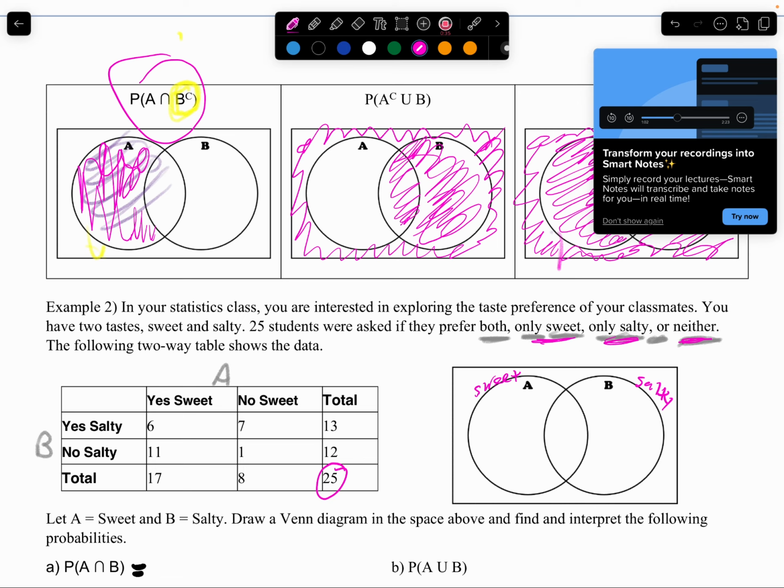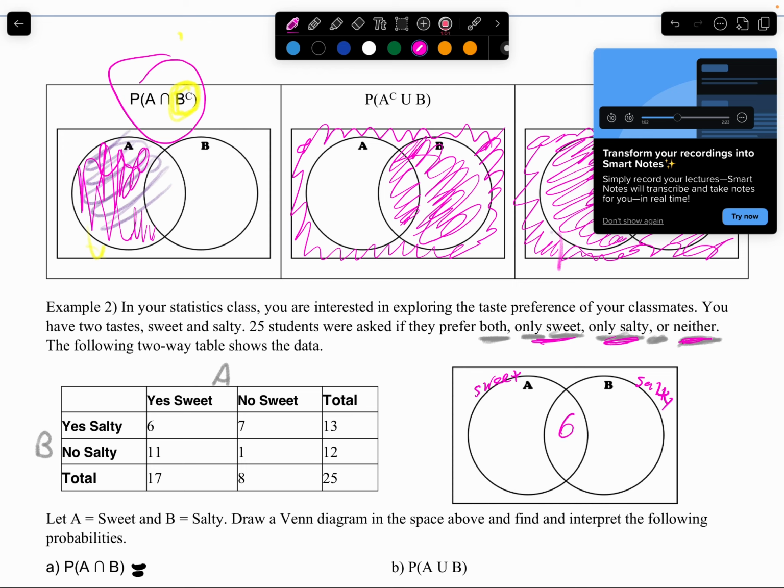It's a very good idea to do the middle first. It's a good habit. So let's do the intersection first. So that would be yes, sweet, and yes, salty, right? Where is that? How many people? Looking at yes, sweet, yes, salty, 6 out of 25. So 6 would be in the center of yes, sweet, yes, salty.